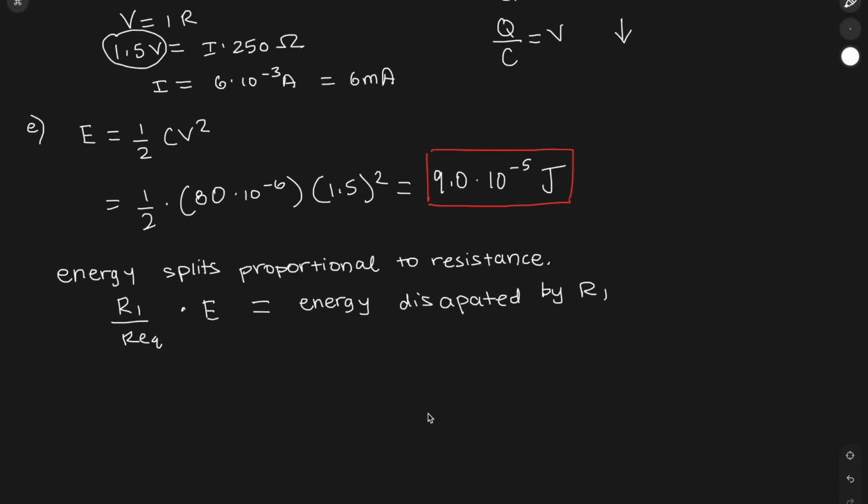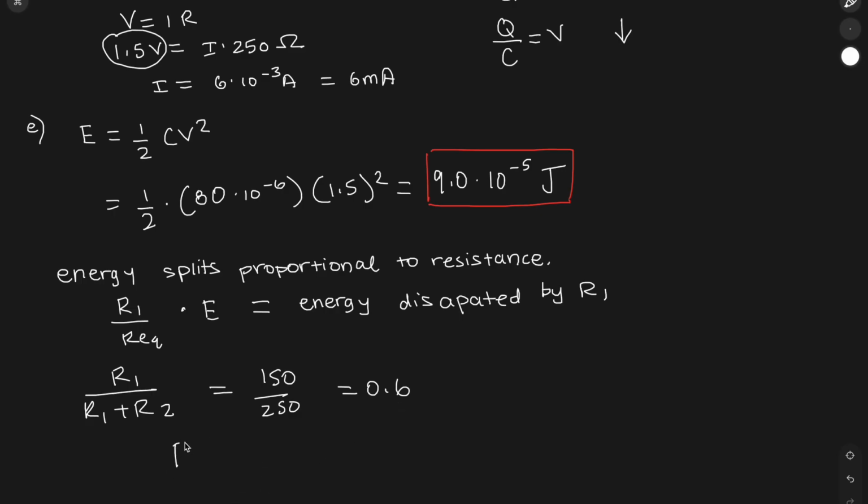So let's take a look at this method. R1 over R1 plus R2 is equal to 150 over 250, which is 0.6.